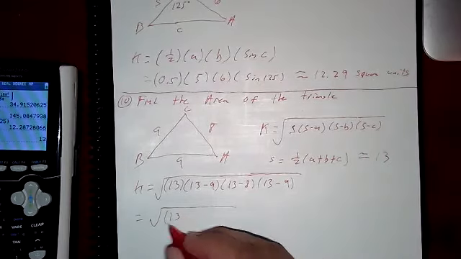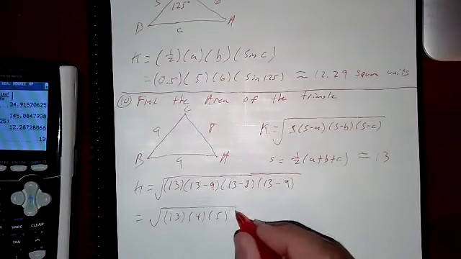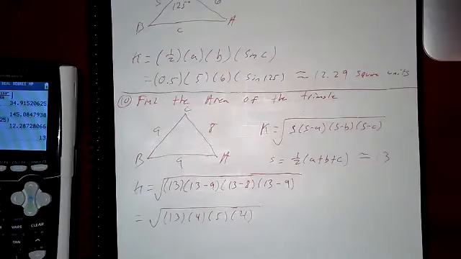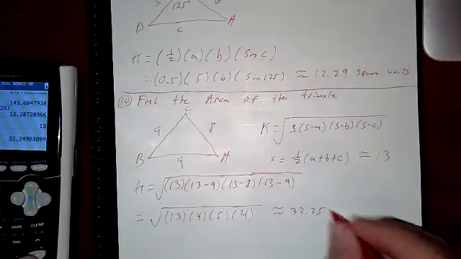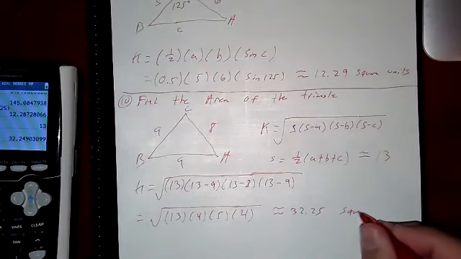It's really just 13 times 4 times 5, right? So the area is 32.25 square units.